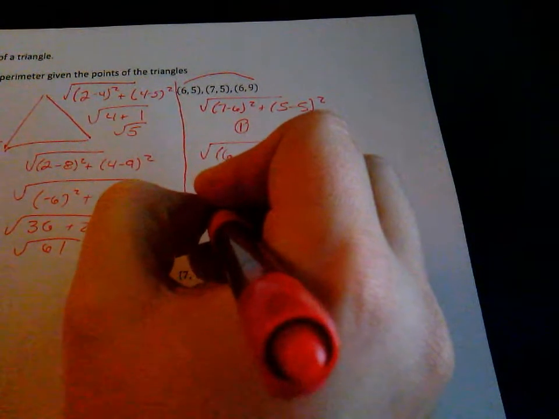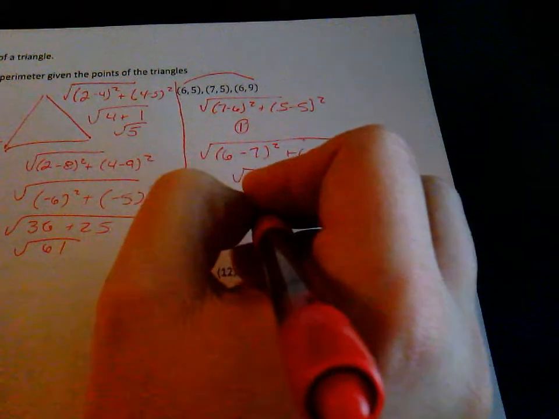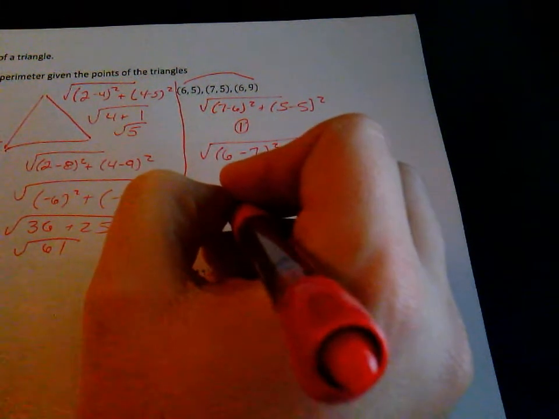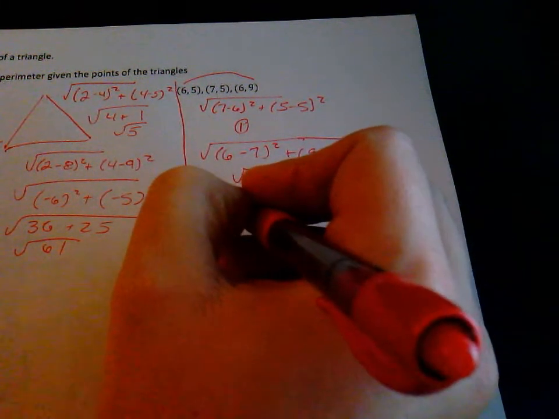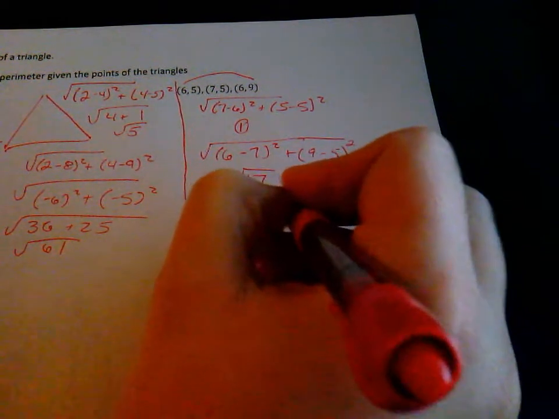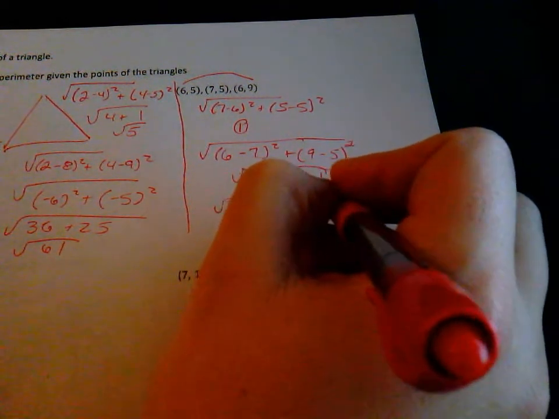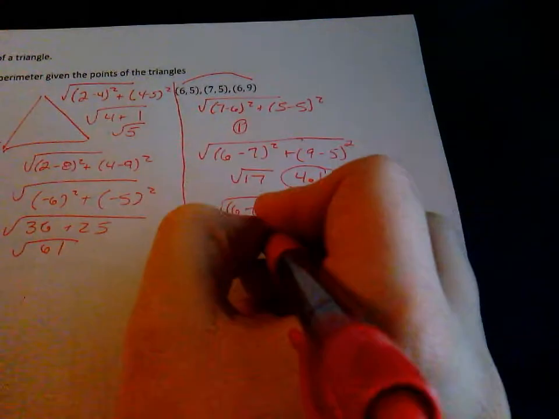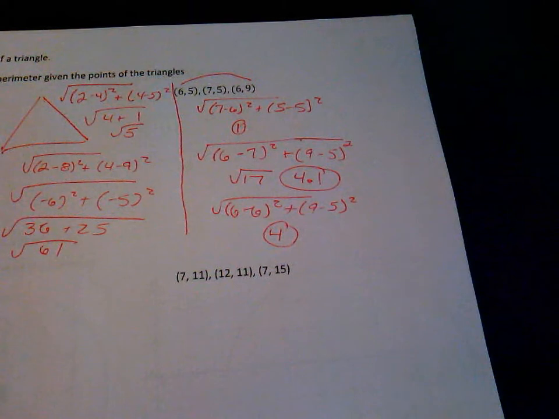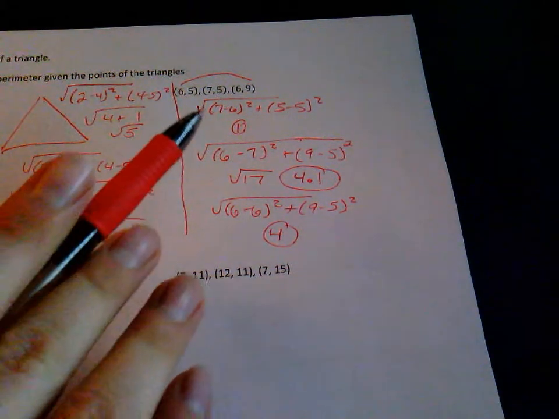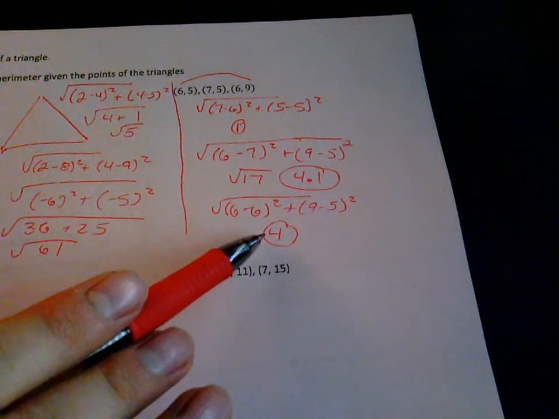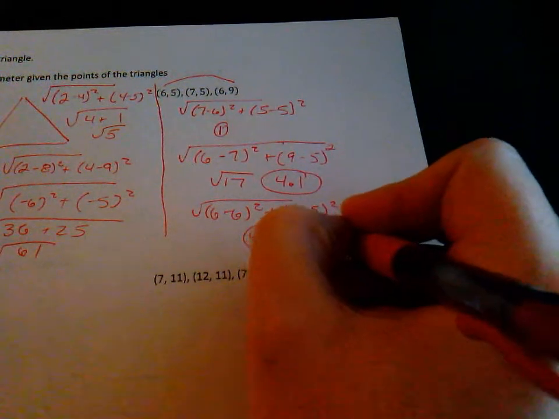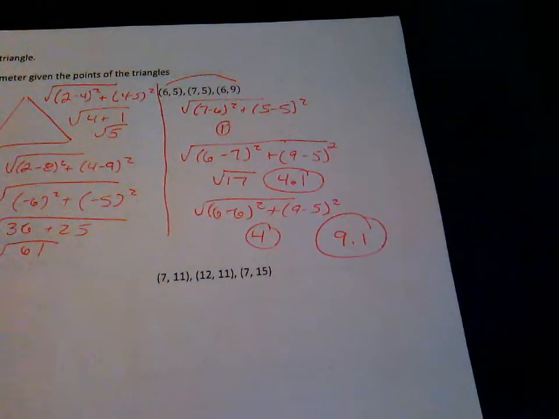So it's going to be the square root of 6 minus 6 squared plus 9 minus 5 squared. When you actually get that, you'll end up with 4. So our perimeter will be 1 plus 4.1 plus 4. Those are our 3 sides. And you'll end up with 9.1 as your perimeter.